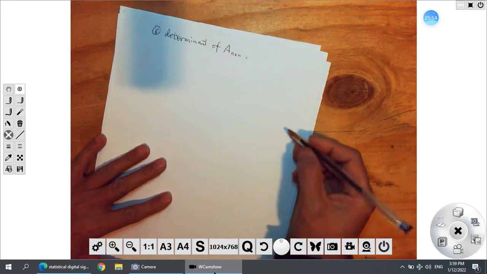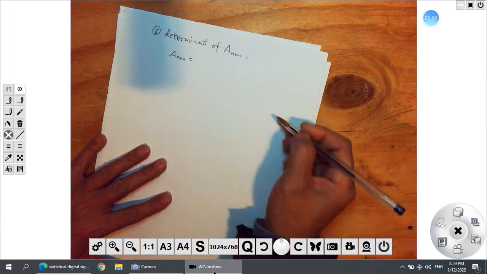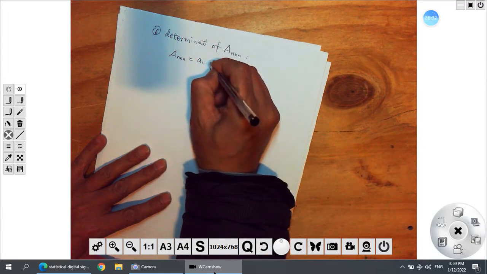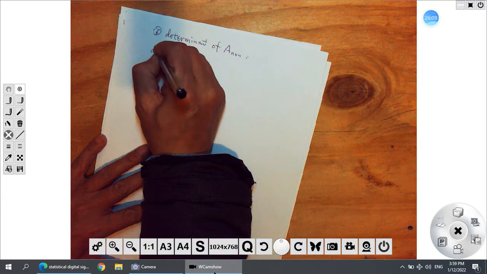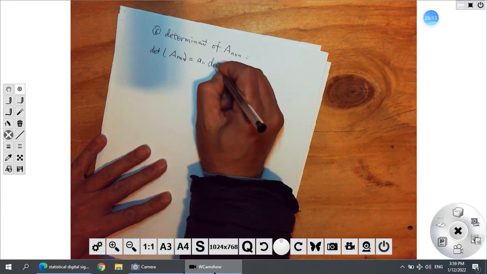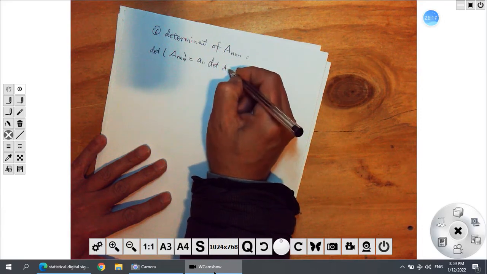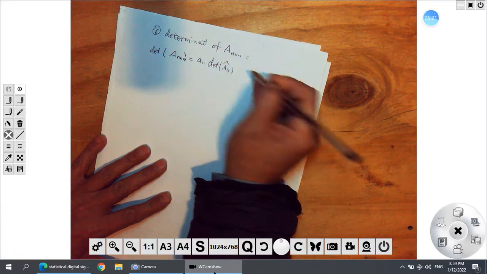The determinant of A is A11 times the determinant of, I need a notation, I use A hat 11. What is A hat 11?